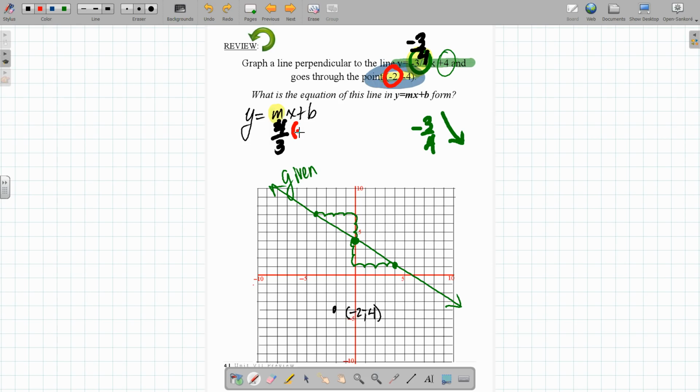Our x is going to be negative 2. Our y is going to be negative 4. Do you recognize this? We did this several times last semester. And now we solve. So right here we have b. This is going to be negative 8/3 equals negative 4.